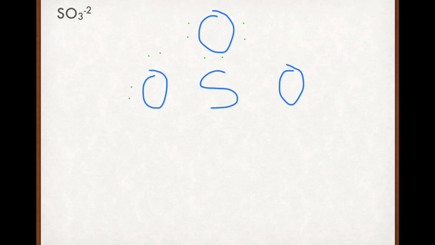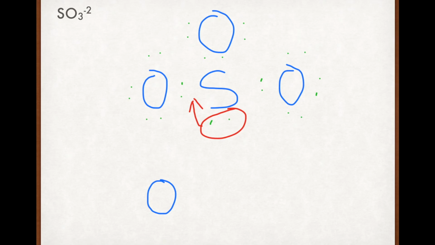Oxygen has a total of 6, so we're drawing those 6 out there. 1, 2, 3, 4, 5, 6. And then sulfur right there will also have its 6 valence electrons. Now, because this is an ion, it's going to have the 2 extra right there. So let's go ahead and move them up there just to keep things a little bit more interesting.